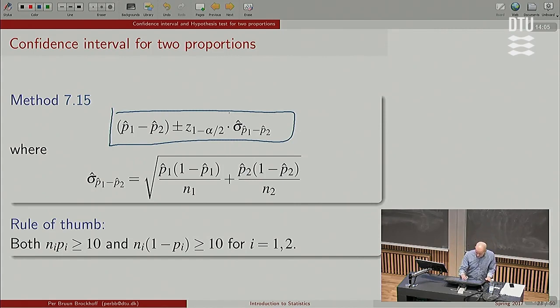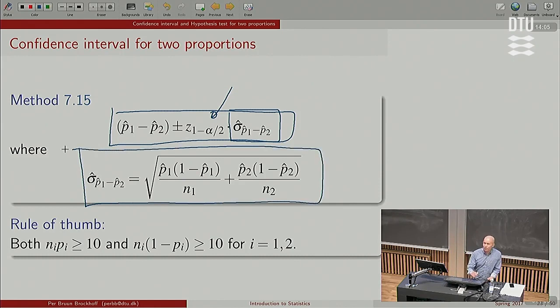We need the statistical uncertainty, the sampling error for a difference between two proportions, and we need some distribution, where we use the normal distribution today to do such confidence intervals. The standard deviation of the difference between two binomial proportions is the root of the sum of the two variances.